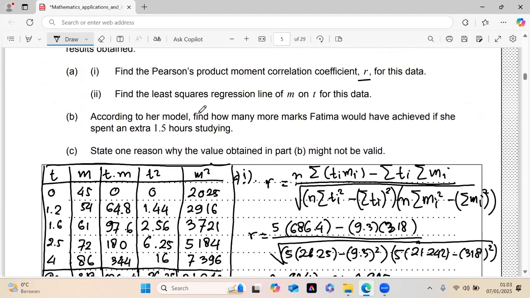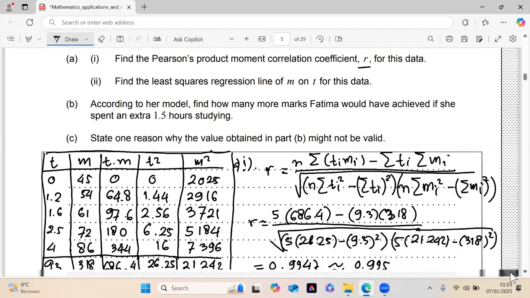According to her model, find how many more marks Fatima would have achieved if she spent an extra 1.5 hours studying. Right. So about how many more marks?